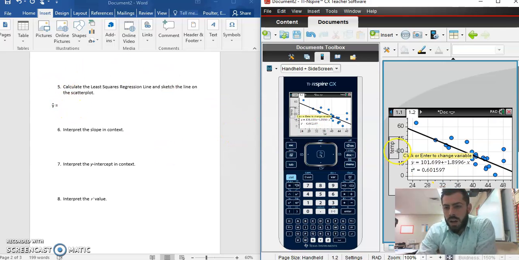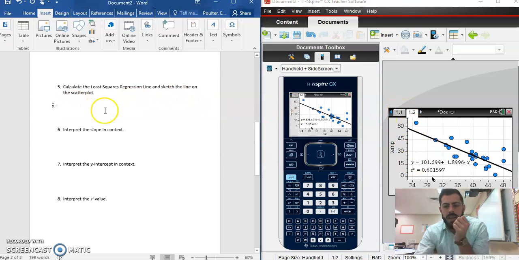So our predicted y, should be a y hat here, is going to equal 101.699 plus negative 1.8996x, which in context for our problem, if you remember, our x value is latitude and our y value is temperature. So our line, it's already sketched. There's the equation.